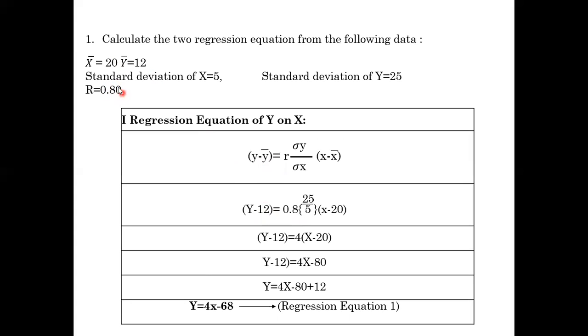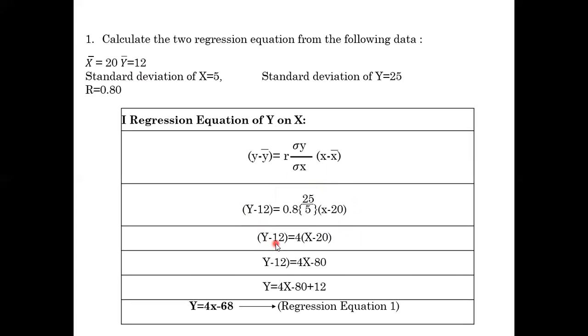The correlation is 0.80, standard deviation y is 25, divided by standard deviation x, which is 5, into x as it is, minus x mean, which is 20. We have to put the values like this.